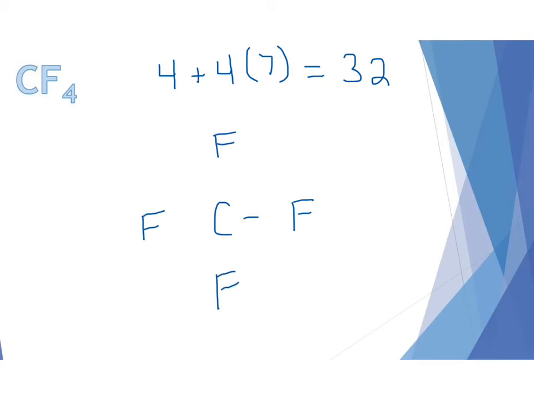We begin with single bonds, and that has used 8 of our electrons. Carbon's octet, you'll notice, is also complete at this point. So if we begin to fill the octets for our fluorine by adding our electrons, you'll notice that we end up using all 32 of our available electrons. And so that is carbon tetrafluoride.